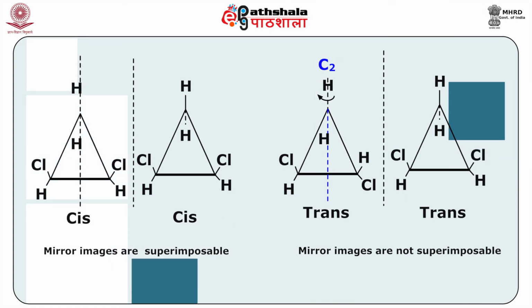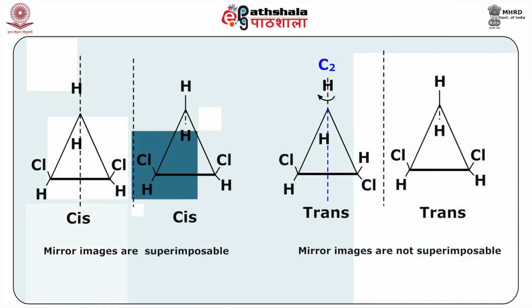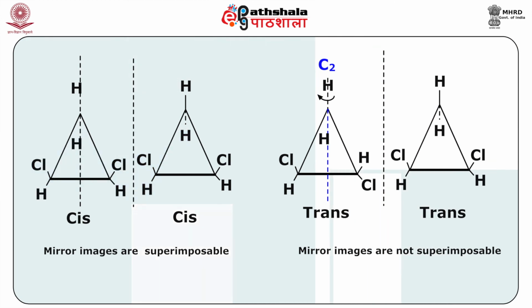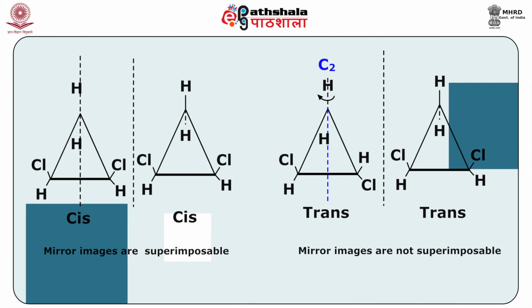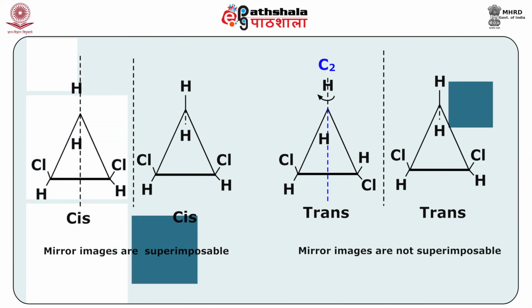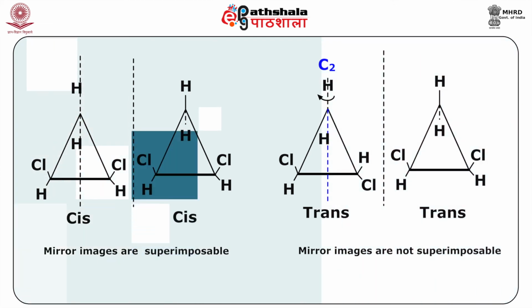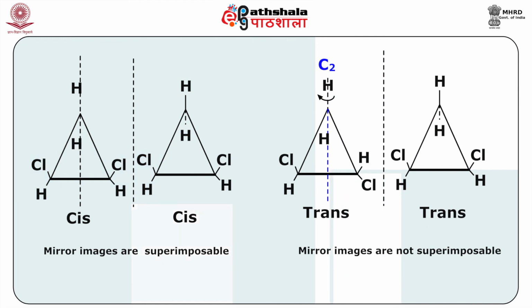But the trans form and its mirror image have a C2 axis, that is, they do not lack symmetry. These are dissymmetric but not asymmetric, that is, not without symmetry elements.